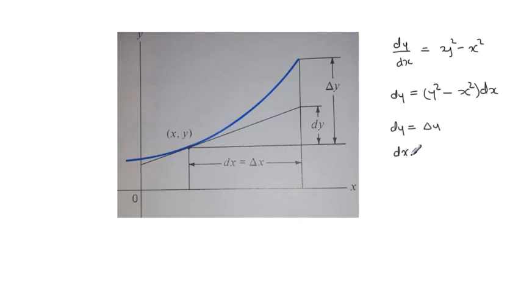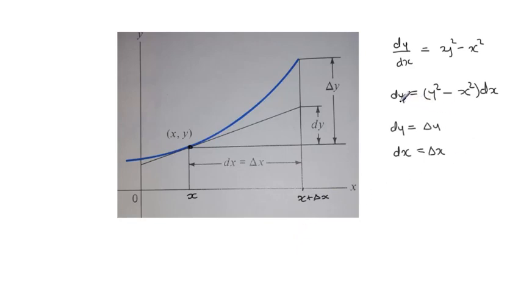We should understand here that dy is the increment in y, and dx is the increment in x. In other words, if we're at x here, then at this next point we're going to have x plus the increment in x.